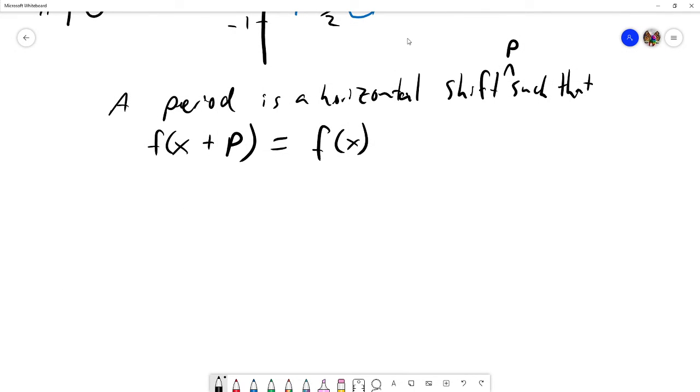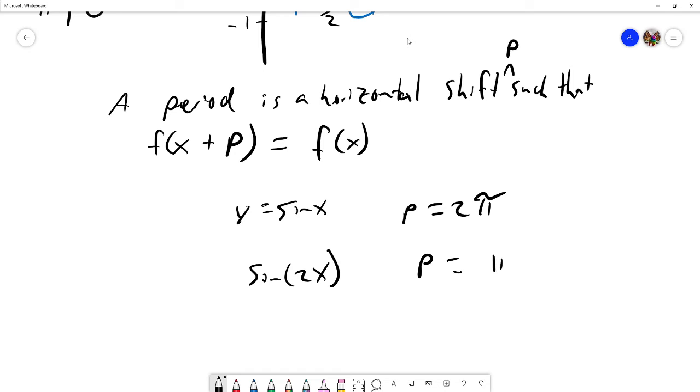So when we just had y equals sine x, the period was equal to 2 pi. Now when we had sine of 2x, we saw that the period was equal to pi. So in general, if we have sine of, say, bx, to find the period, what you will want to do is take 2 pi and divide it by your b value.